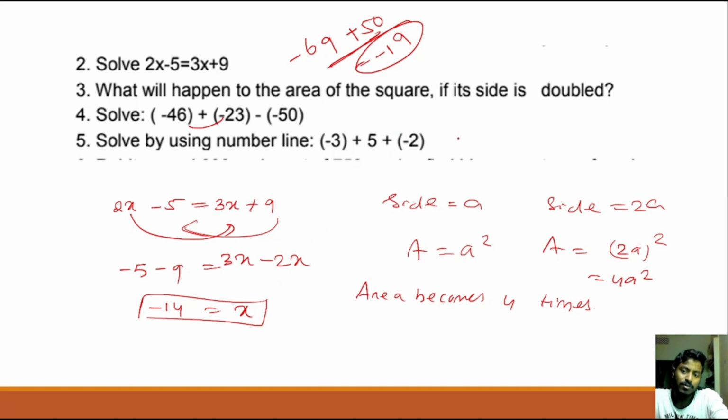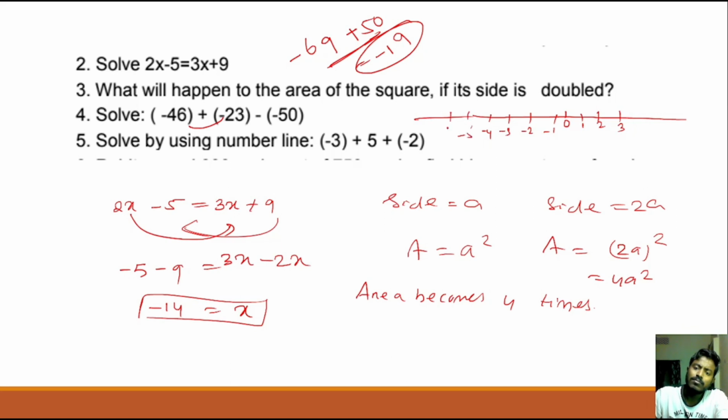Solve using the number line. Okay, first draw a number line. This is 0, 1, 2, 3. This is minus 1, minus 2, minus 3, minus 4, minus 5, minus 6, minus 7. Okay, first 0 to minus 3.